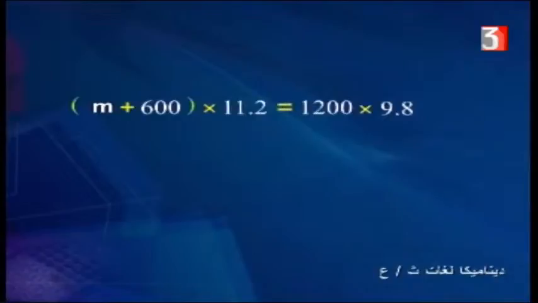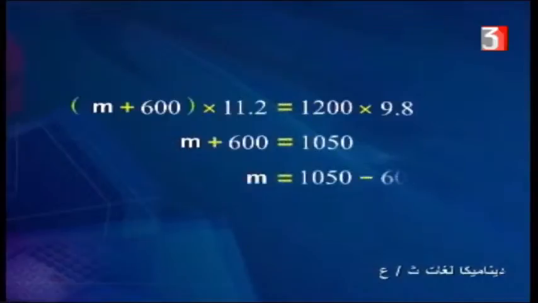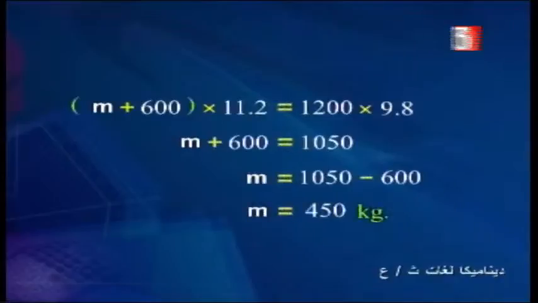And (m plus 600) times 11.2 equals 1200 times 9.8. Then m plus 600 equals 1050. Then the mass of the load equals 1050 minus 600, which equals 450 kilogram.